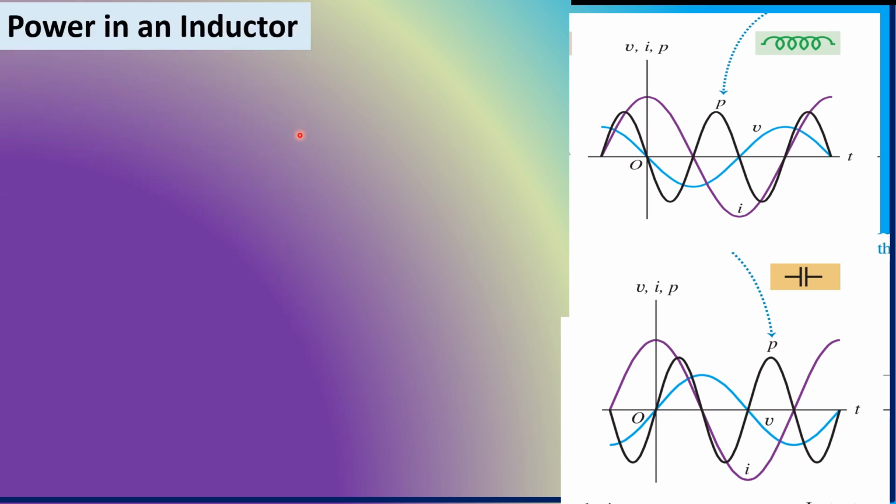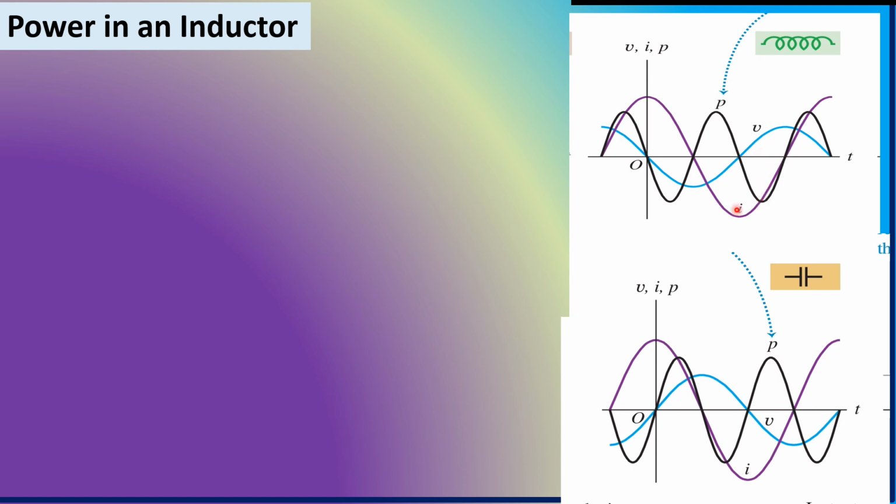Alright, so we will be talking about the power in an inductor. As shown in this graph, the voltage v sub L, meaning the voltage across the inductor, leads the current by 90 degrees, right?